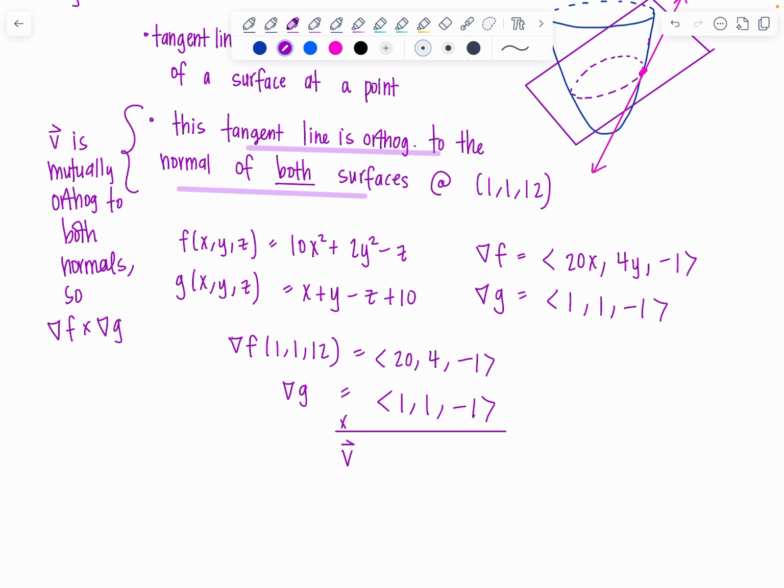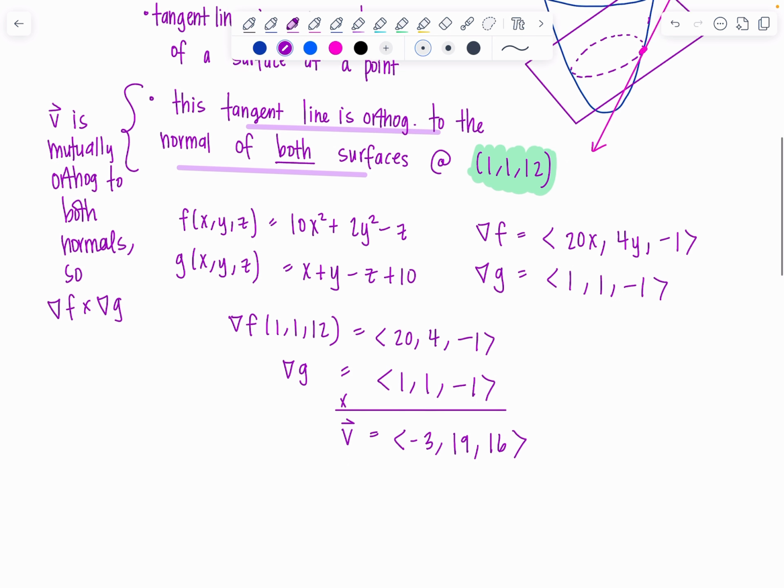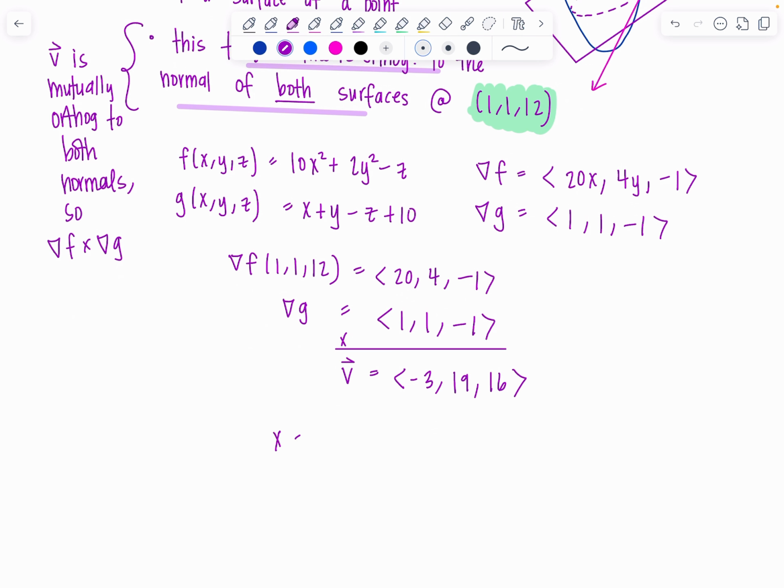So my direction vector will have components (-3, 19, 16). Perfect. So that's the direction vector for my tangent line. And then they gave me the point that it goes through, (1, 1, 12), and you can write the parametric equations now. So x would equal negative 3t plus 1, y would equal 19t plus 1, and z would be 16t plus 12. Voila. Good?